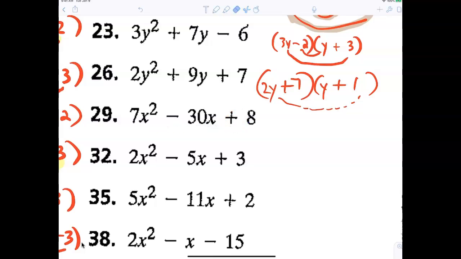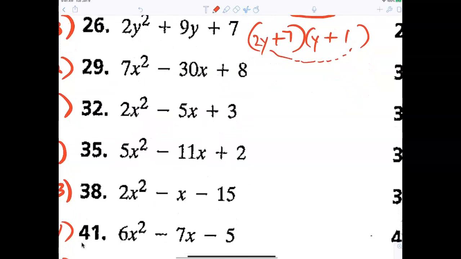All right, so here we go. 7x squared. Help me out. 7x times x. 7x and x. Beautiful. And then factors of 8. 2 and 4. Where am I going to put the 4? You're trying to visualize it. 4 goes on the left, no, on the right, and 2 goes on the right.